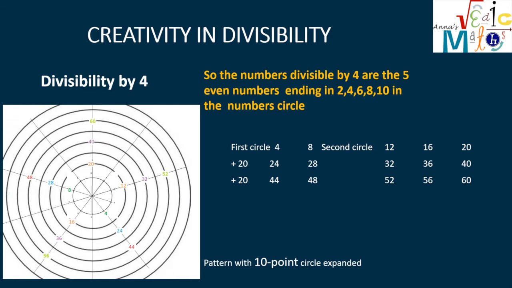If we add 20, we go in the third circle with 24 and 28. And we go in the fourth circle with 32, 36, and 40. If we add another 20, we go to 44, 48, 52, and so on.